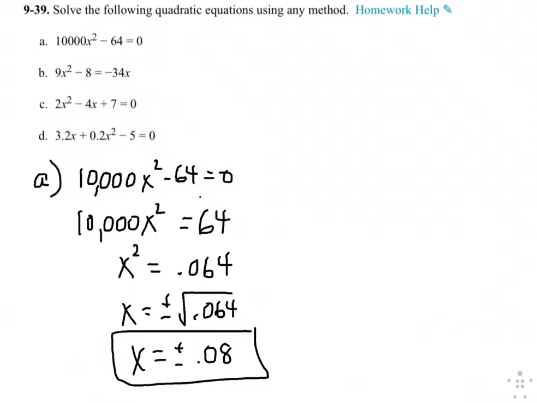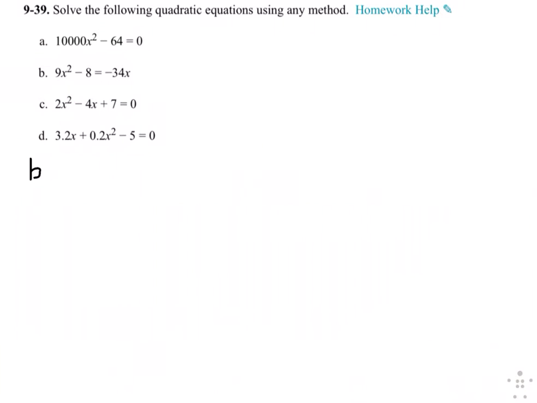Let's make some space. For B, we have a quadratic, right? So let's write it 9x squared. I'm going to add 34x to both sides, plus 34x minus 8 equals 0. Okay, so let's say you couldn't factor this with columns, you wanted to use decomposition.